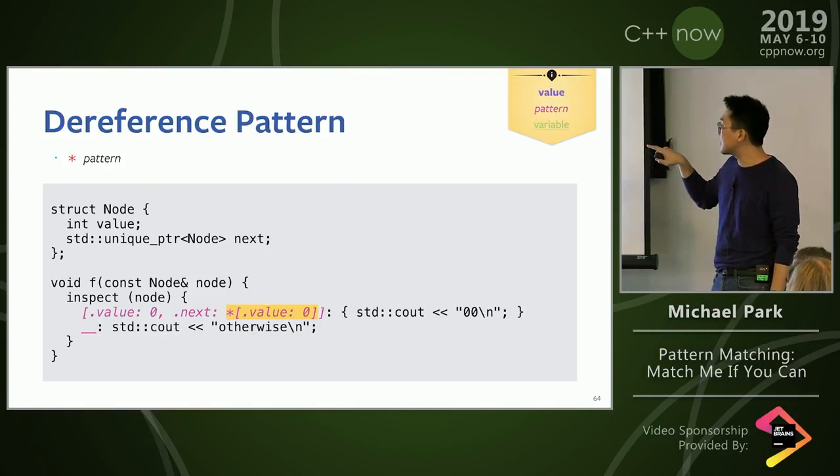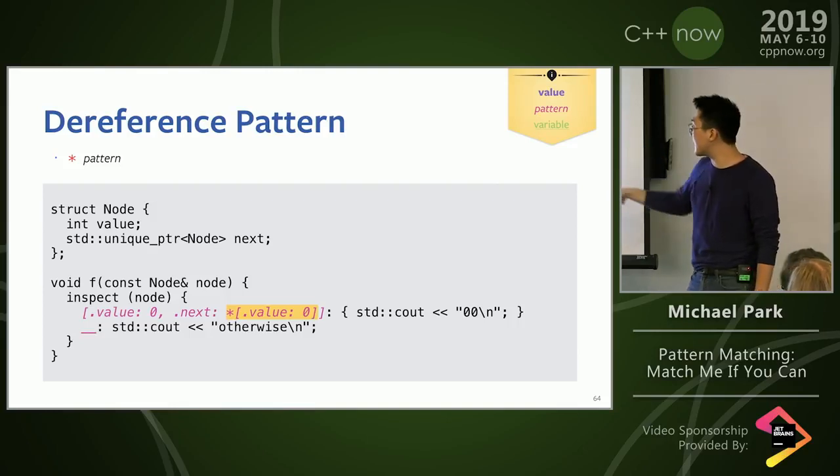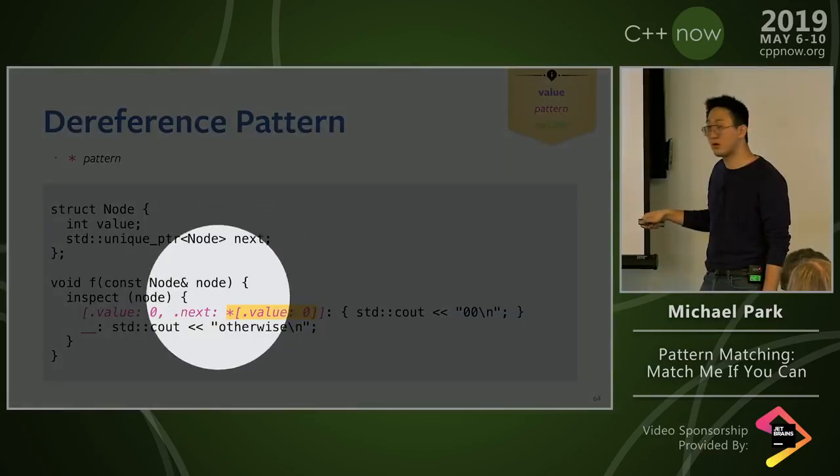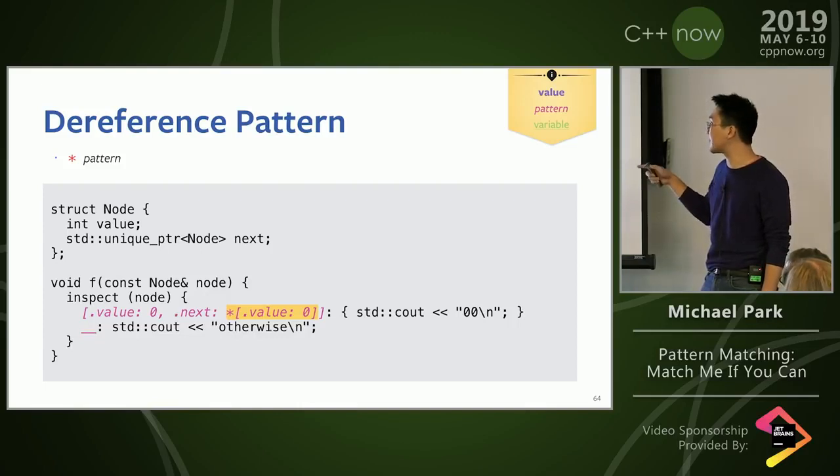What I mean is the unique pointer next. If that is non-null, then we will dereference the unique pointer and match the next node with the pattern. If next was null, then this pattern would not match at all. Second value is after dereferencing next. Correct. Yes.